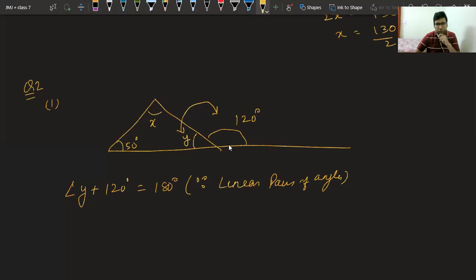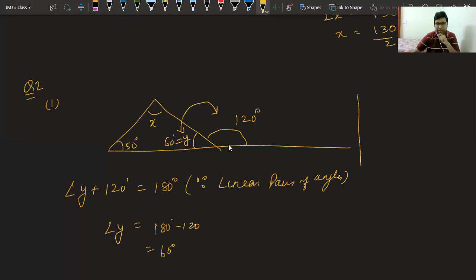Now, what is the value of angle y? 180 minus 120, that is 60 degree. Now we have got two angles of the triangle. Can't you find the third angle? It is very easy.